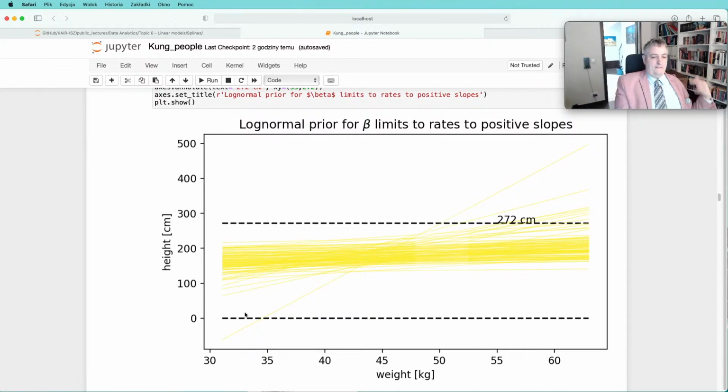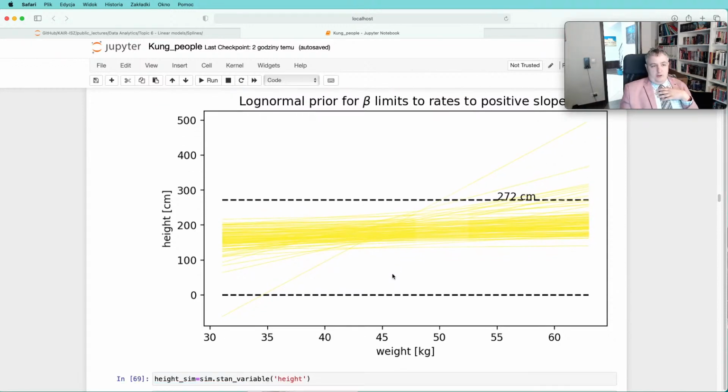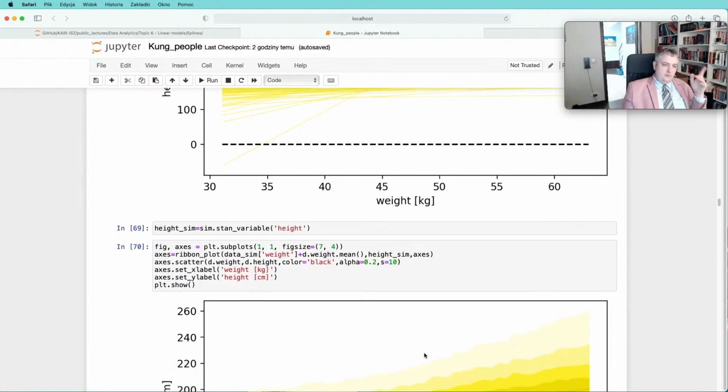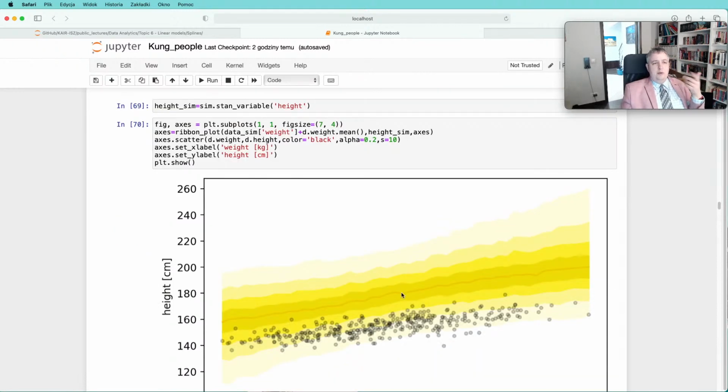So this prior is certainly better for this application. So again, changing priors to keep data reasonable is a good idea. To get a reasonable prediction is a good idea. To leave it working. Okay. So let's use a ribbon plot to see how our model works.